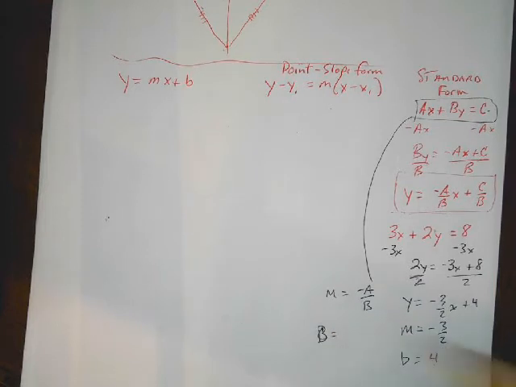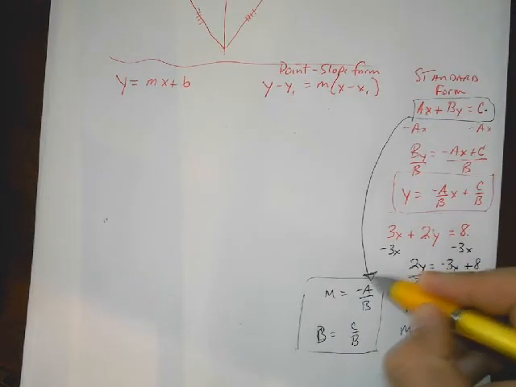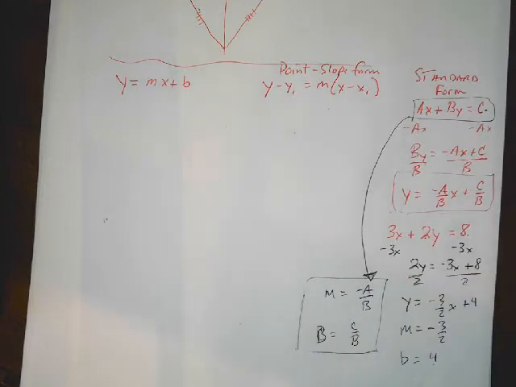You take the c value right here, which is 8, and you divide it by the b value. It's kind of a shortcut. But you don't have to do that. I mean, that's just if it gives it to you in standard form. If it gives it to you in standard form, you can always solve for y and do everything like that.